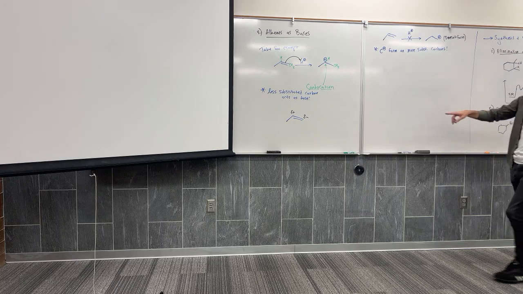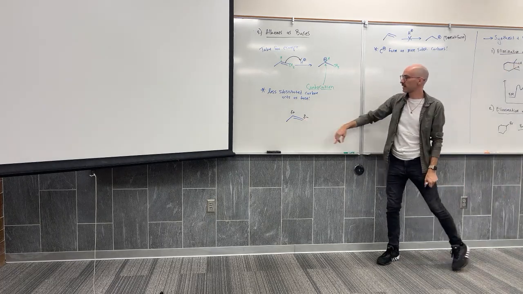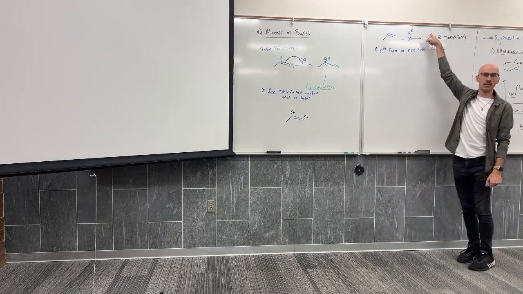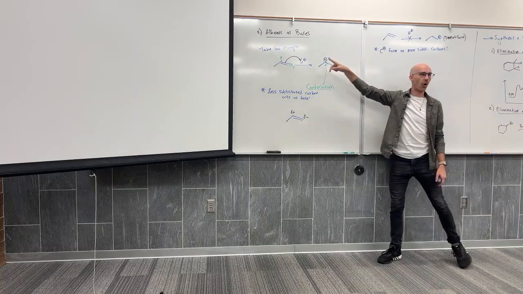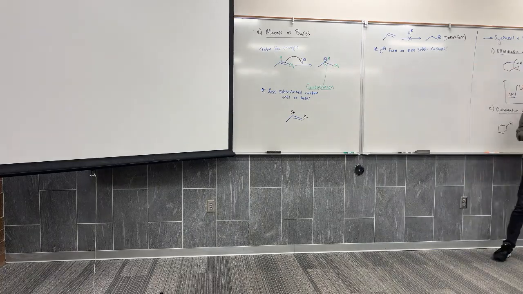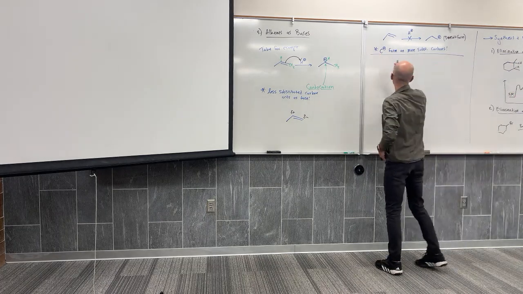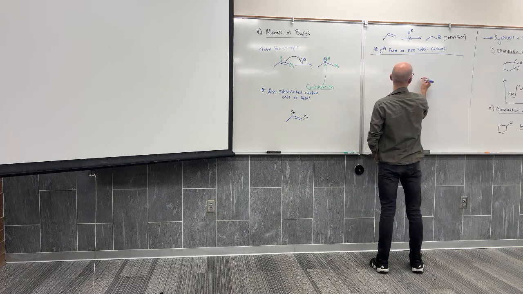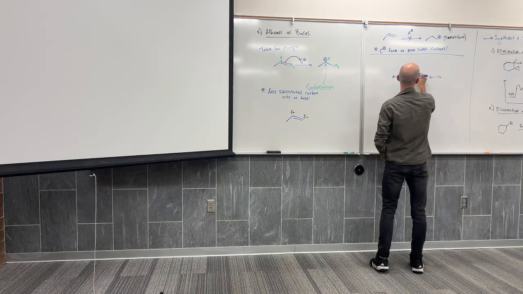Less substituted carbon is basic, the more substituted carbon better holds a positive charge. That's why the less substituted is more basic, because the more substituted is better at holding a positive charge. Okay, so to kind of sum this up, I want to show you guys 3 resonance forms of propene.